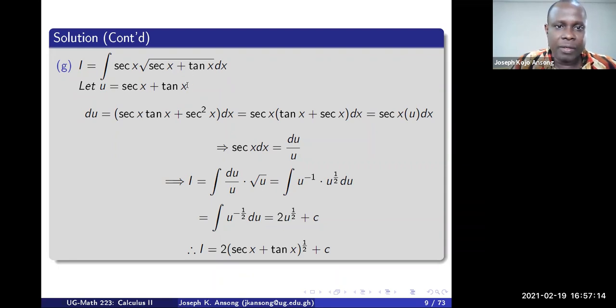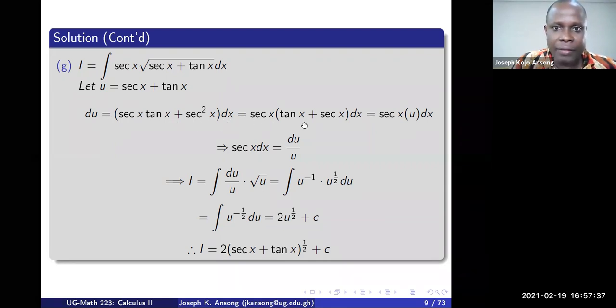Now, this simplifies it, but it takes a couple of steps in this case to see the simplification. If I make a substitution for this and differentiate, I'm going to have du is equal to the derivative of sec x, which is sec x tan x, plus the derivative of tan x, which is sec squared x. So I can pull out sec x, and I get sec x times tan x plus sec x dx.